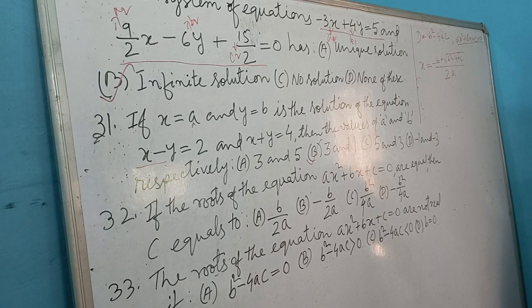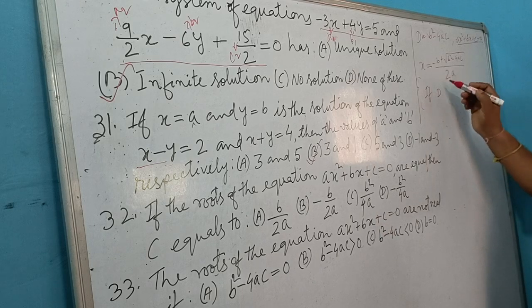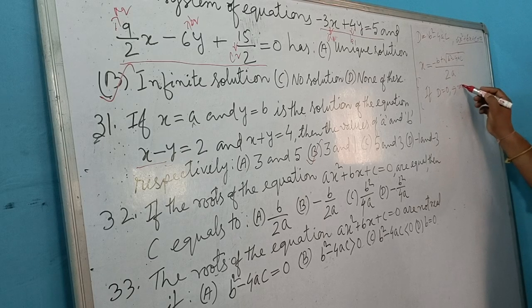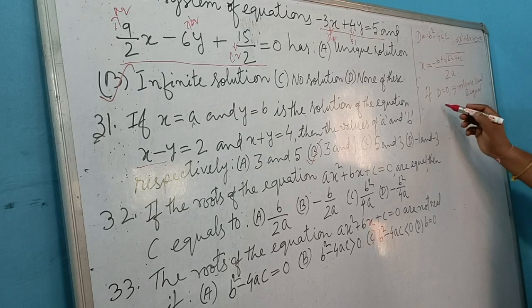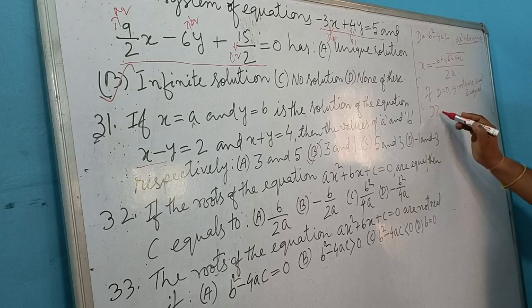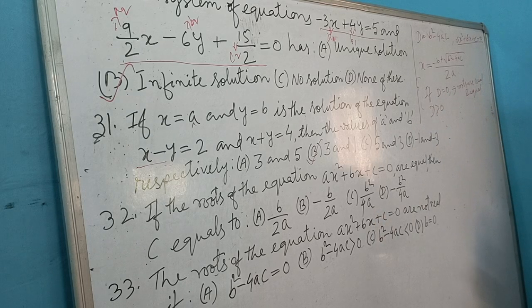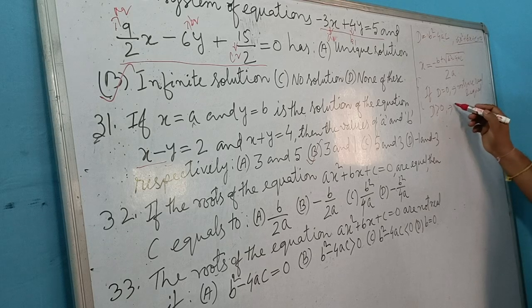So this is the formula, remember. Clear? Now if the roots are equal, you know the condition. If D, meaning discriminant, is equal to 0, then the roots are real and equal. Clear? This condition you have to know. If D is greater than 0, that means it may be any positive number, 1, 2, 3, whatever it is, rational or irrational, but must be greater than 0, then also the roots are real, and distinct.